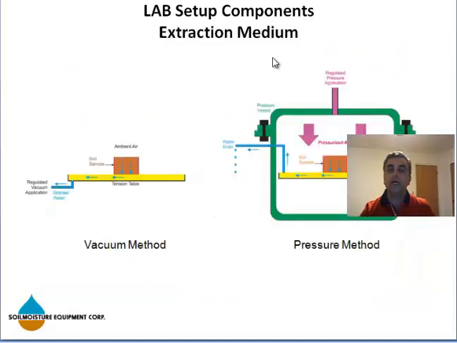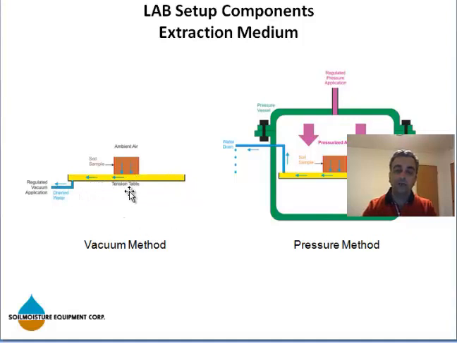Okay, next slide is going over extraction medium. Just to refresh your memory, in pressure method or vacuum method, there is a pressure or vacuum medium. And this medium that is shown in yellow color here acts basically like a filter, but it also has a special property to it.